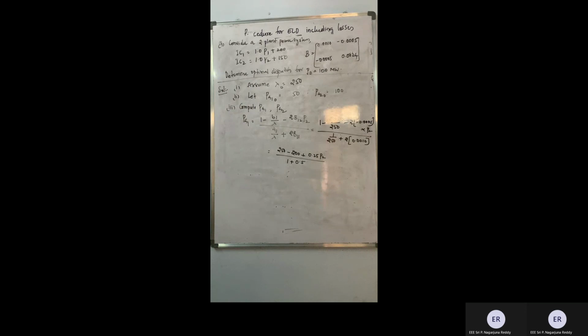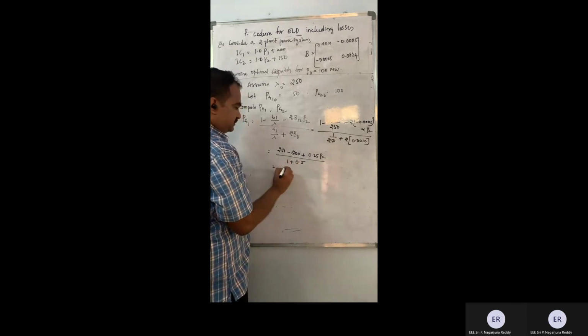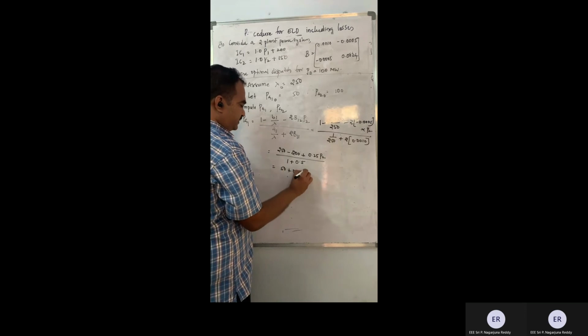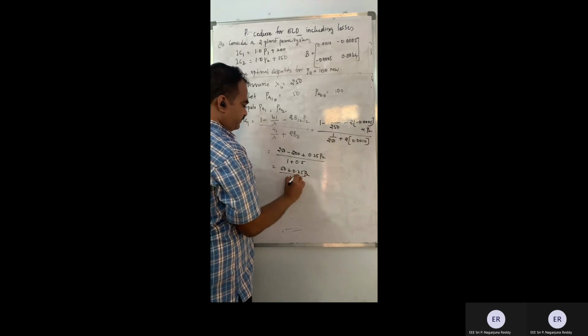I hope these are the values. Let me check it once again with the calculator. Yes, so this is 50 plus 0.25 P2 by 1.5.